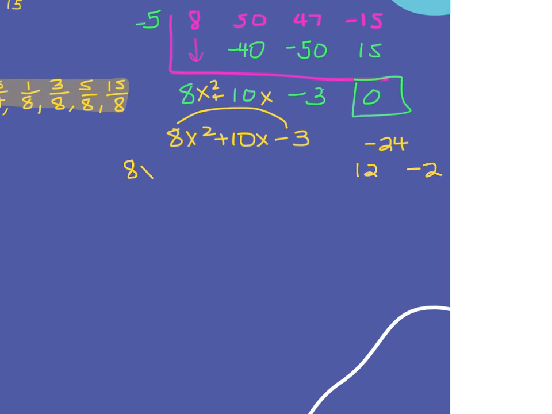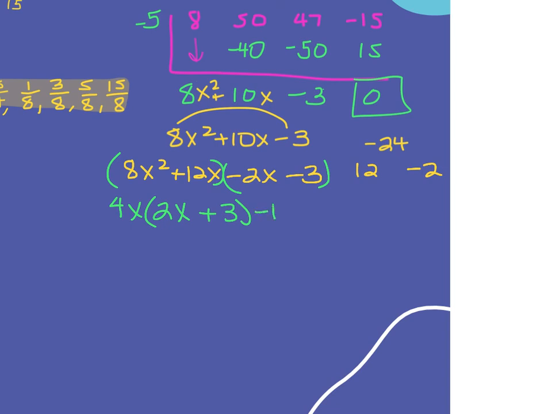So then 8x squared plus 12x minus 2x minus 3, factor by grouping, and I get 4x becomes 2x plus 3, take out a negative 1, 2x plus 3, take out the 2x plus 3, and the 4x minus 1.